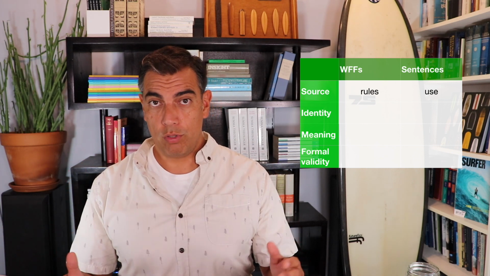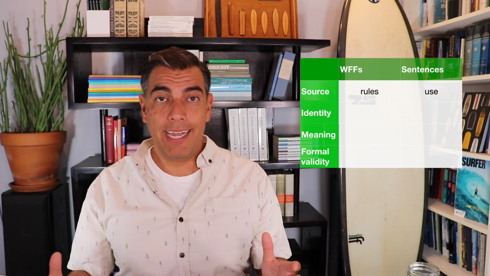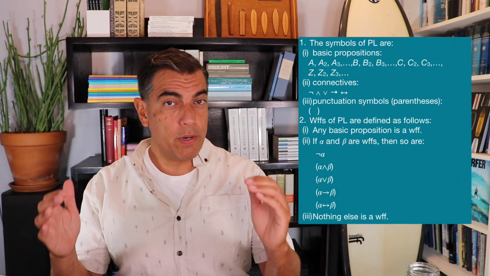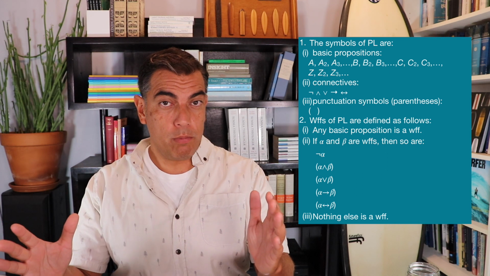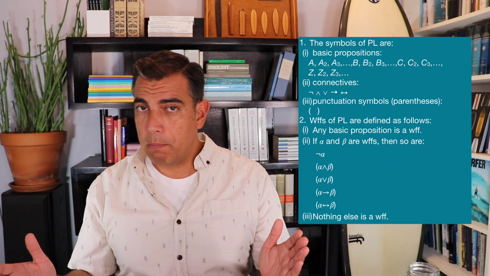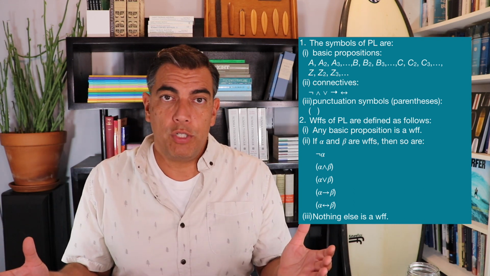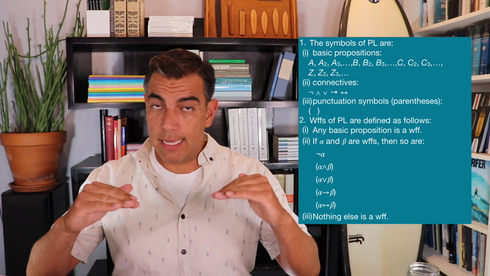In fact, in the last video, we saw how you could list out an entire syntax. You start off with those acceptable symbols, the symbols that we're going to use. We had the symbols for all the basic propositions, all the connectives, and the only 2 punctuation marks that we'll have. And then we listed that set of rules.